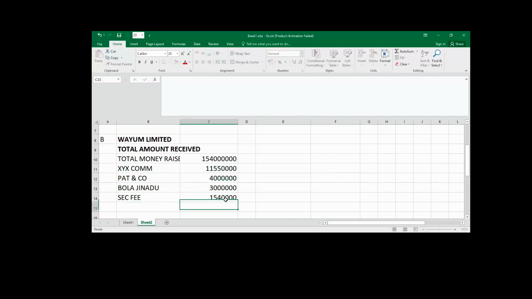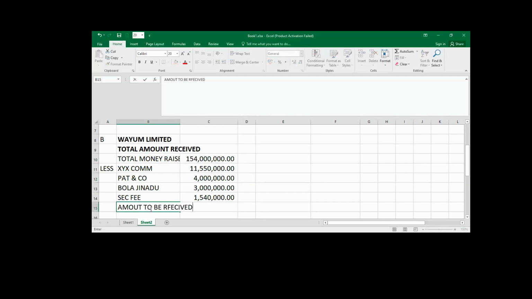So when you remove all this money from the total money raised, you have less. You are going to less all these amounts, less 1, 2, 3, 4. So when you less all those amounts from that money, what you arrive at will be the amount to be received.